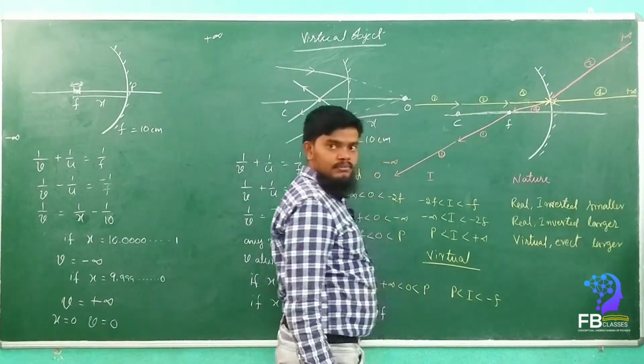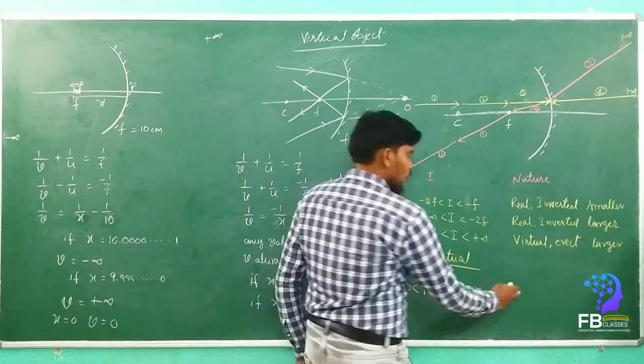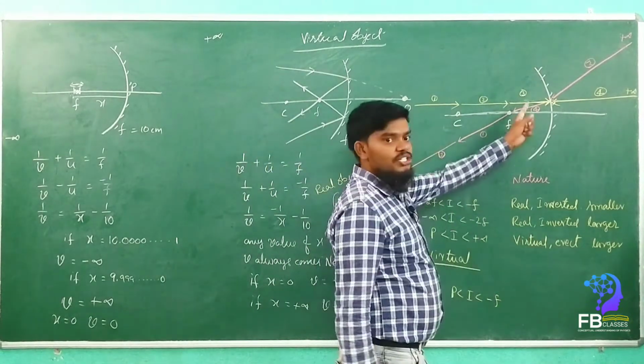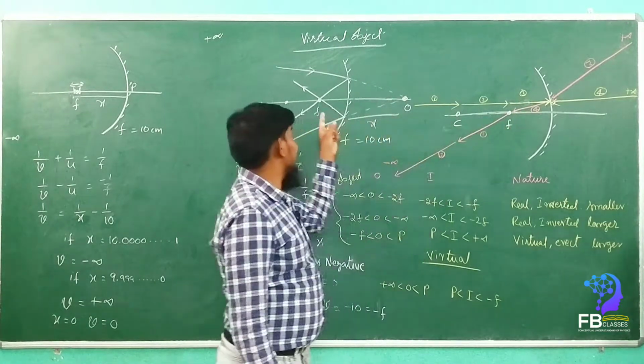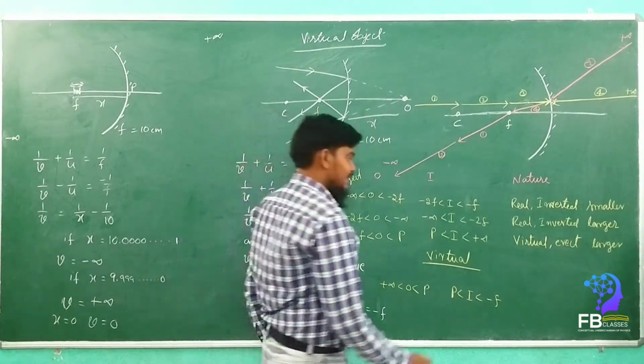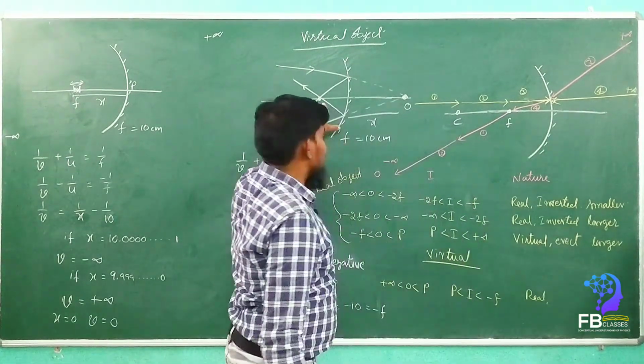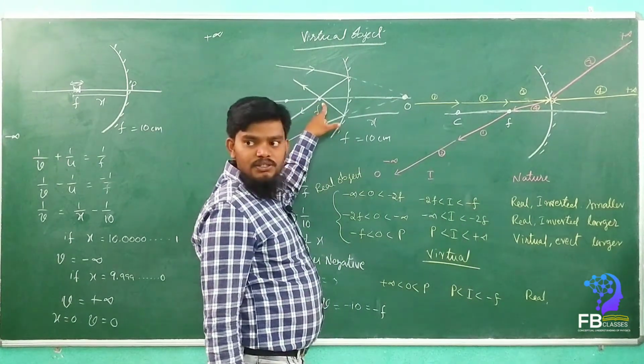Everyone got it? So what is the nature here? Tell me, the nature is real, yes or no? The image is a real image. Yes, sir. Got it? Yes or no?